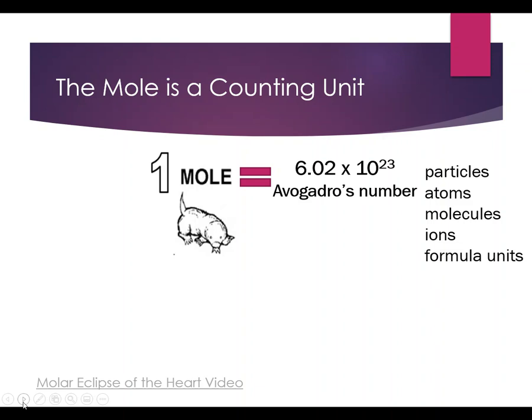And that represents representative particles. Generally we use representative particles, but there are specific particles depending on what type of substance you're looking at. So here, Avogadro's number, if we're talking about atoms, those are elements directly from the periodic table.